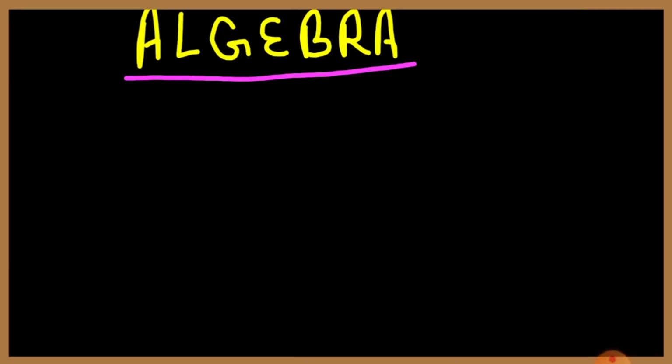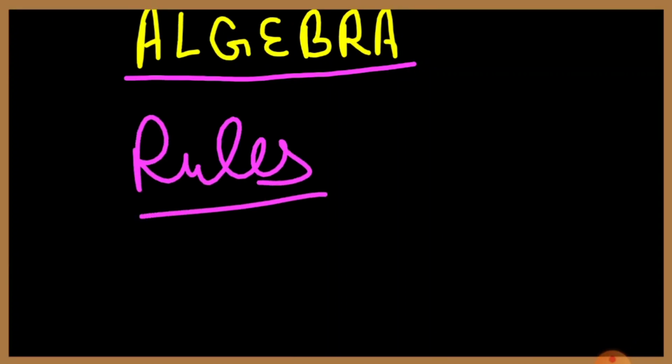It is called algebra. The main feature of this new branch, which we are going to study now, is the use of English alphabets. The use of letters will allow us to write down some rules or formulas, right? By using letters we can talk about any number.